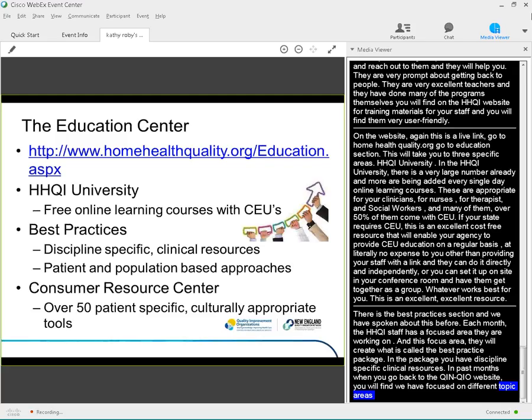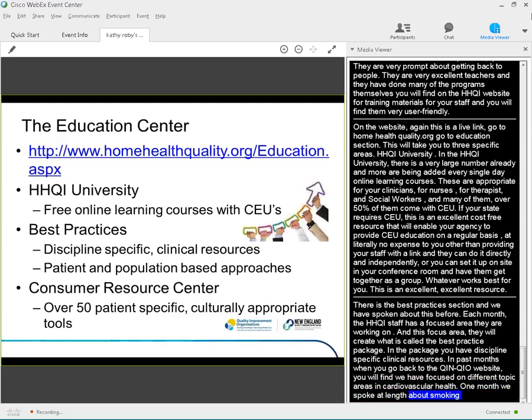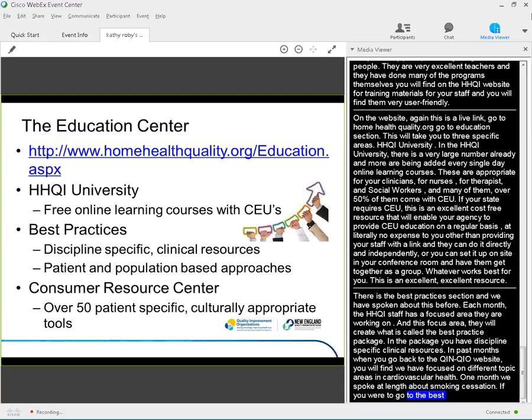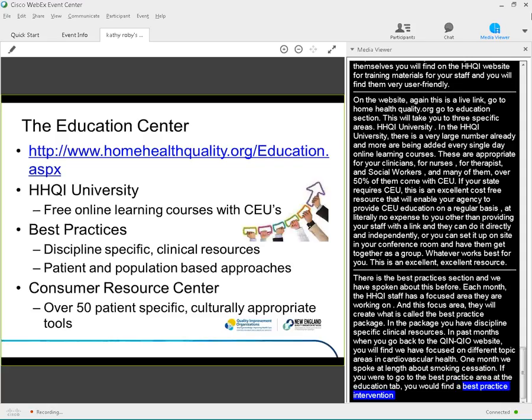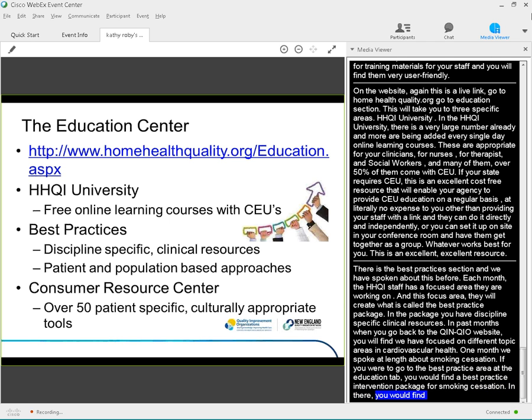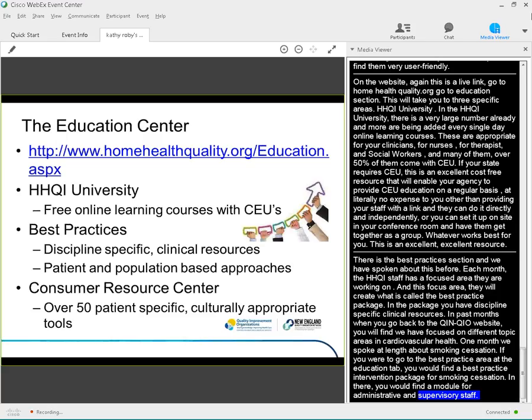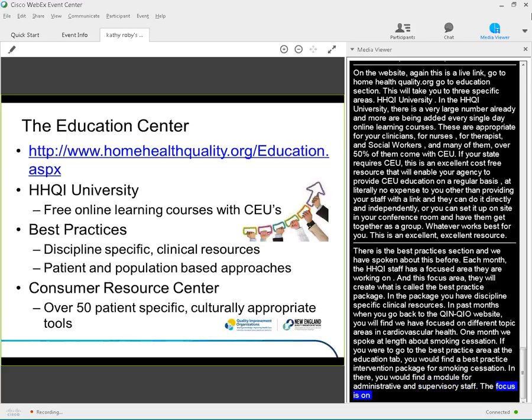If you were to go to the best practices area at the education tab, you would find a BPIP, a best practice intervention package for smoking cessation. In there, you would find a module for administrative and supervisory staff that focuses on what you need to be saying to your staff, how you need to approach it to make this a priority for them.